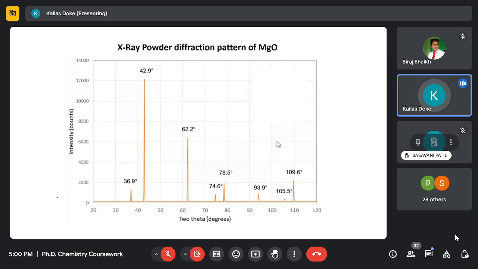Two assignments related to X-ray diffraction. Any questions, students? Sir, could you repeat what points we have to find out? Okay, you have to find out what type of Bravais lattice, cubic lattice is there in alpha polonium and magnesium oxide.